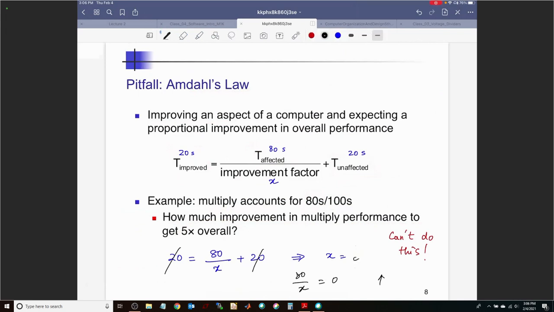Yes. So no matter how much you improve your multiplication operations, you're not going to be able to get that 5 times overall improvement in system performance here.